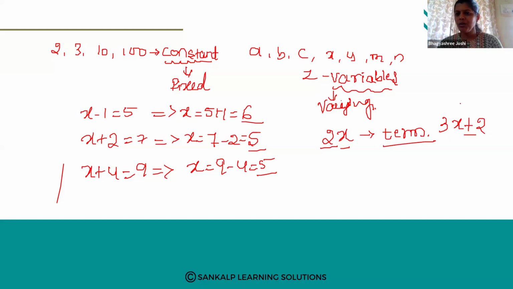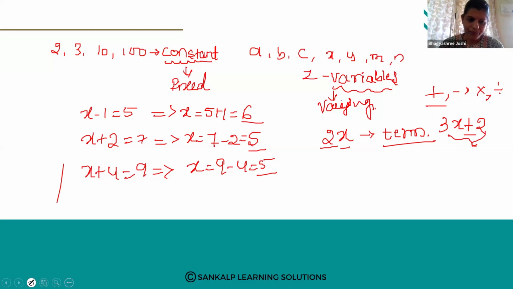So we know there are four basic mathematical operations, that is addition, subtraction, multiplication and division, right? So here I am using addition operation. So I am combining two terms by using one mathematical operation, that is addition, right? Now this is also a term, right?